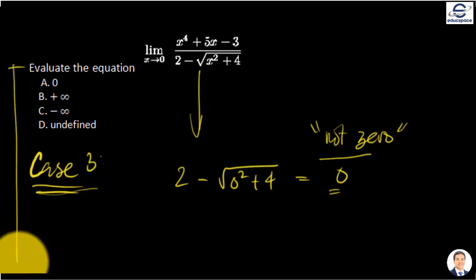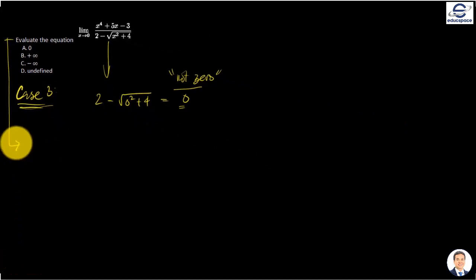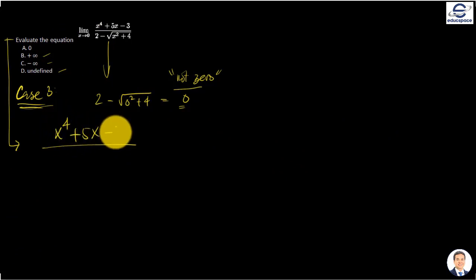So there's a technique that we can use to solve this kind of problem. There are 3 possible answers: positive infinity, negative infinity, or undefined. So let's take it. x to the fourth plus 5x minus 3, over 2 minus the square root of x squared plus 4.